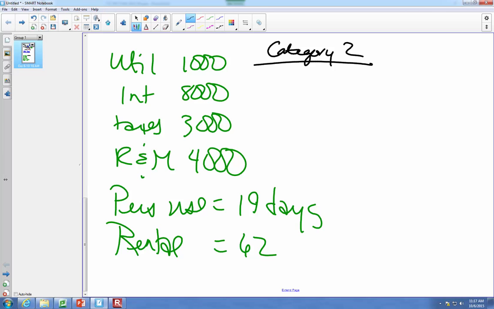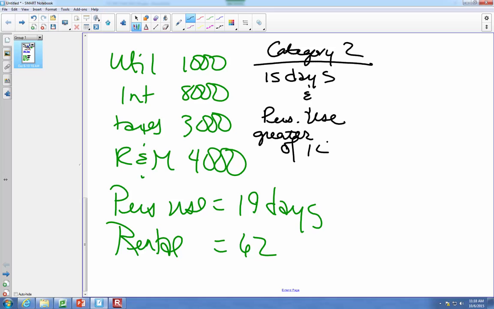Did I rent it more than 15 days? Yes. Was my personal use the greater of 14 or 6, 6 being 10% of this?